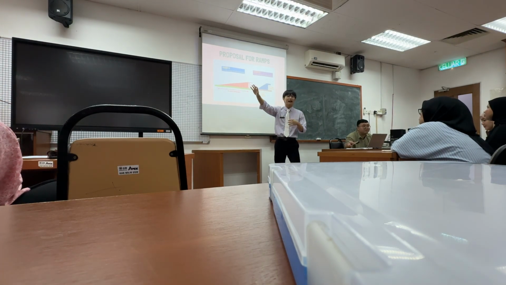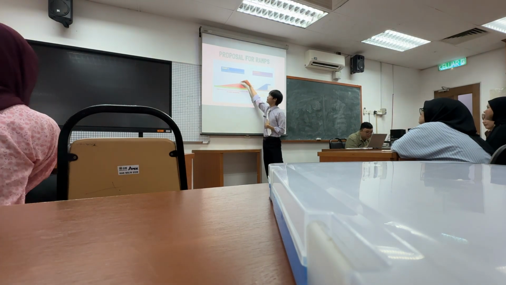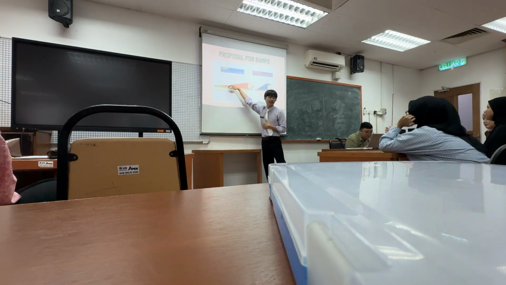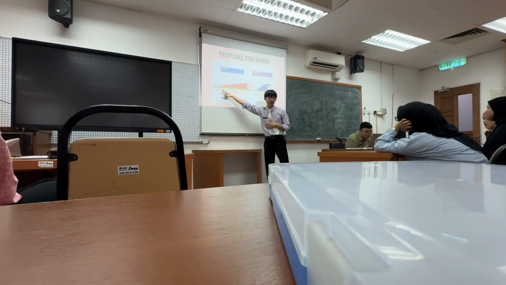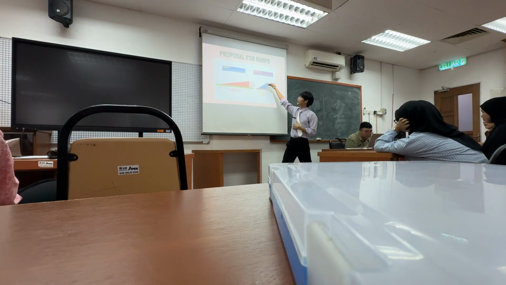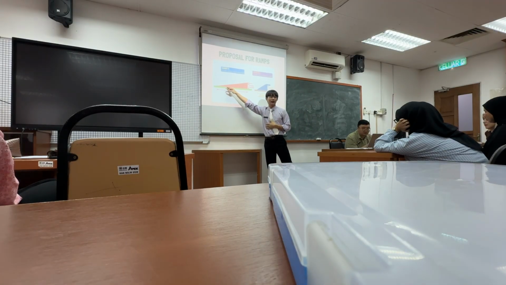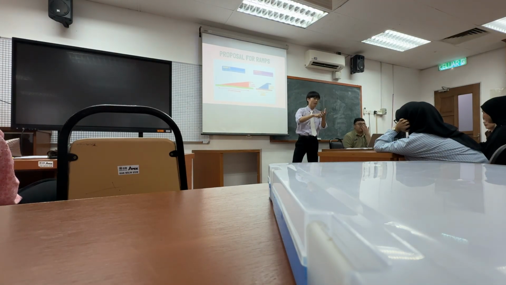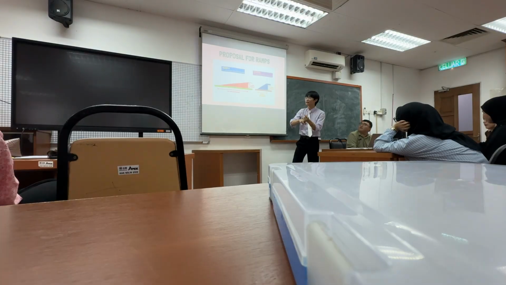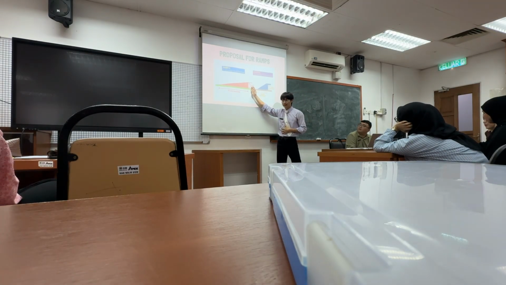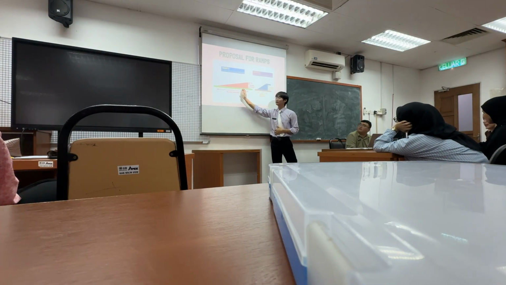For the ramp, we call this the inclined plane or inclined surface. For everything that has an inclined surface, we can make it into two components: the vertical distance and the horizontal distance.